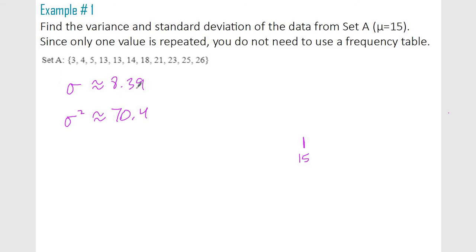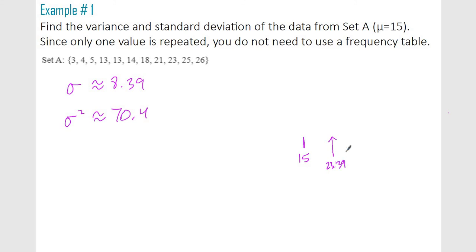So if we, hold on, it's going to help me if I have my calculator handy. So 15 plus 8.39 is 23.39. So then one standard deviation up is 23.39.